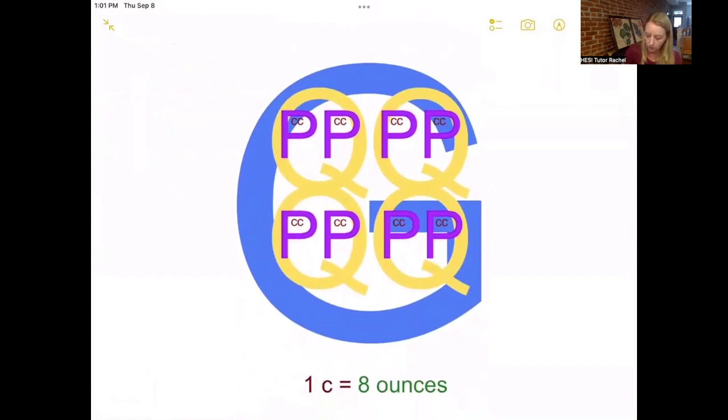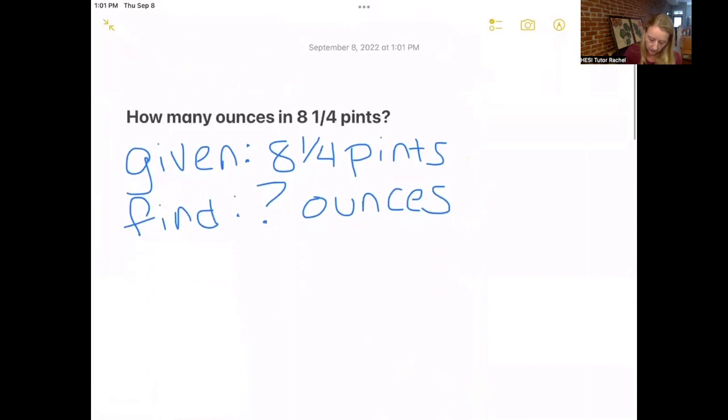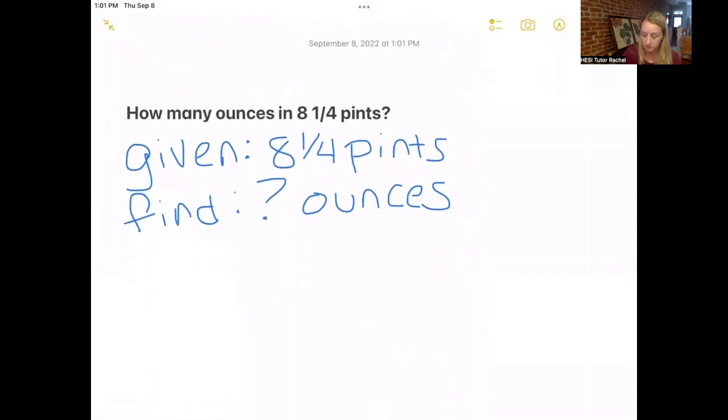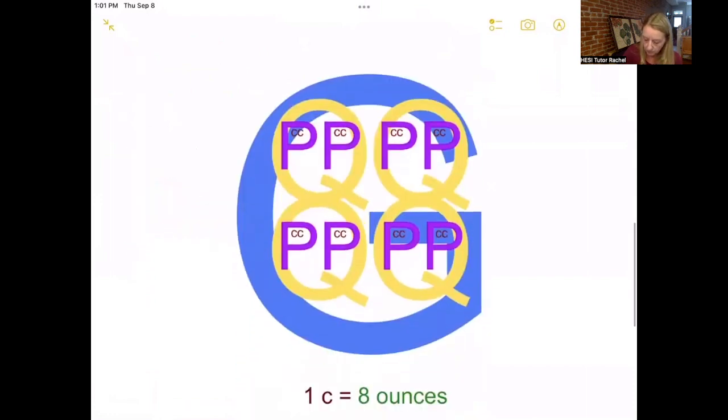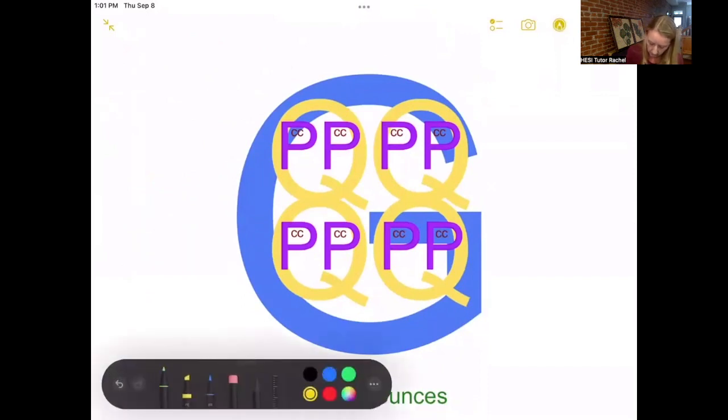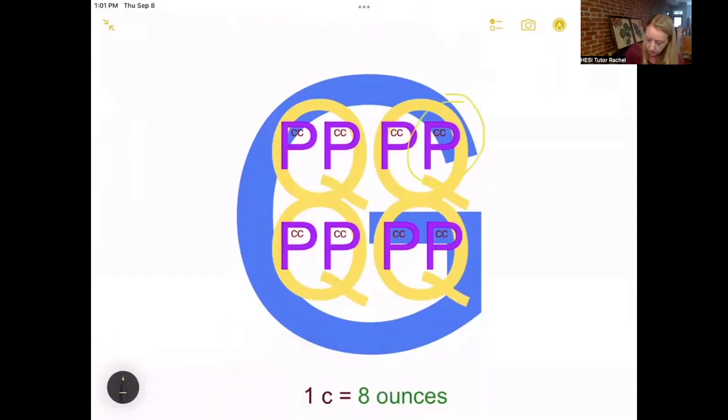And so in this case, we have pints and we have ounces. So pints, of course, are P's. And so we're just going to zoom in on a single P here. And so inside that, we know that 1 pint is equal to 2 cups.